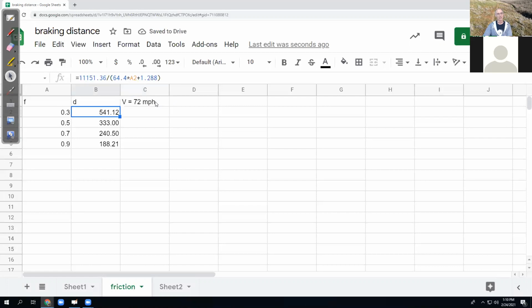It takes, oh my gosh, 541 feet to stop. If it's not quite as slick, so maybe this might be light snow at 0.5 and maybe okay tires, 333 feet. 0.7, maybe that's like a rainy day with good tires, 240 feet. Dry day, good tires, good pavement, almost 200 feet to stop at 72 miles per hour.